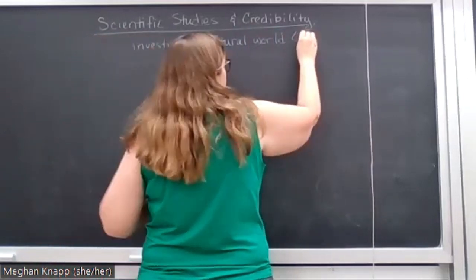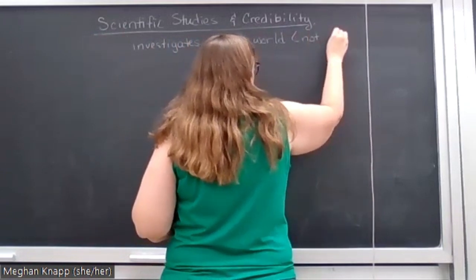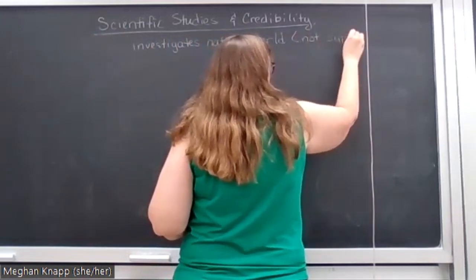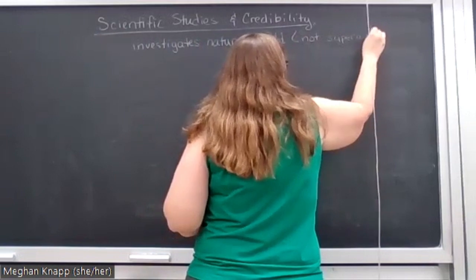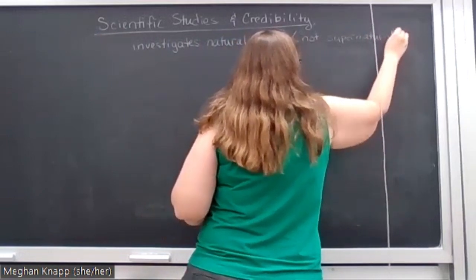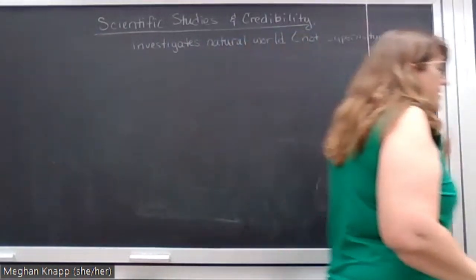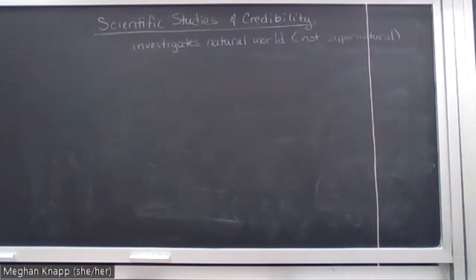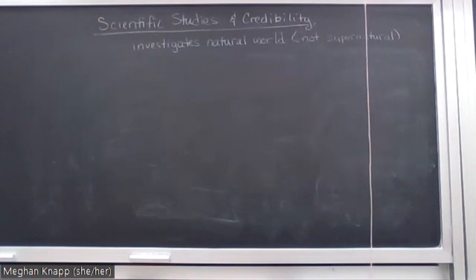As opposed to supernatural. So this is a really misunderstood concept. And even a lot of scientists lean on the side of the popular view of this. Science really doesn't have anything to say about the supernatural world because we can't investigate it the way that we normally would.